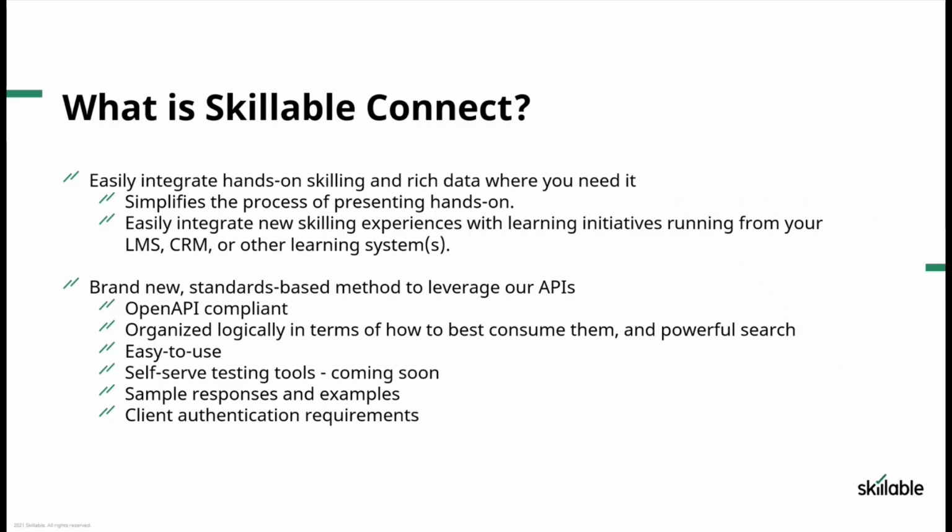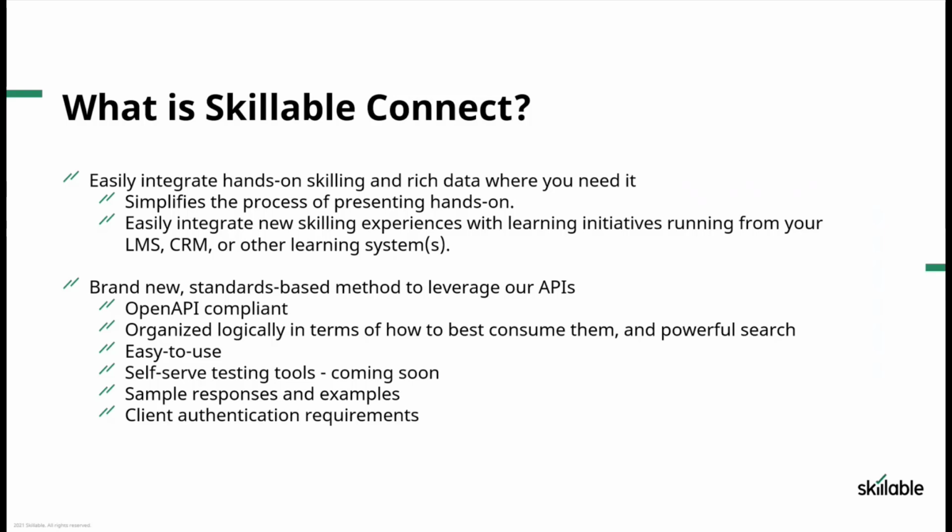The tool, Skillable Connect, simplifies the process by exposing API commands in a very organized and straightforward fashion. It allows you to find which particular API command is needed and at what point in time.